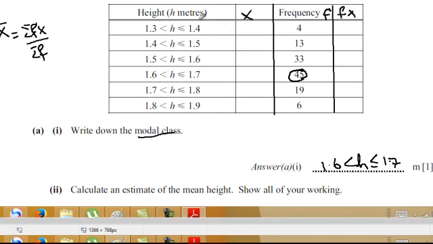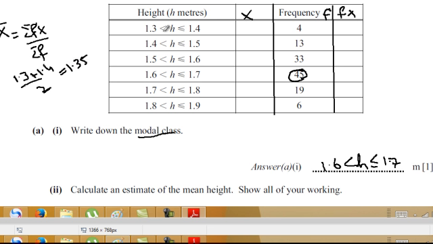x is the midpoint of the class interval. To find the midpoint of a class interval, we add the lower class limit and the upper class limit and divide by 2. The lower class limit is 1.3, so 1.3 plus 1.4 divided by 2 gives us 1.35.